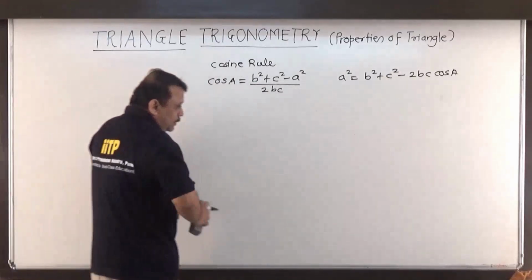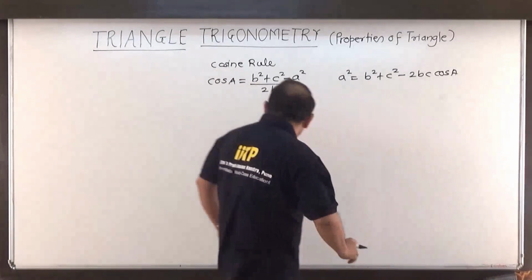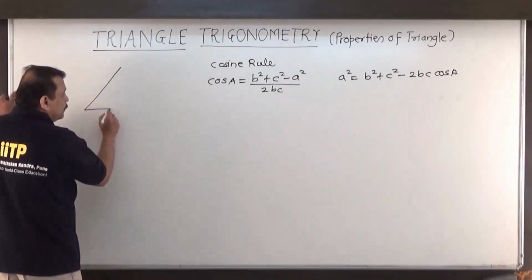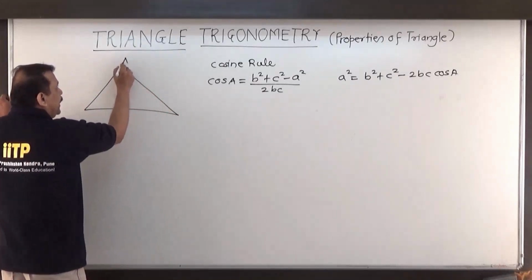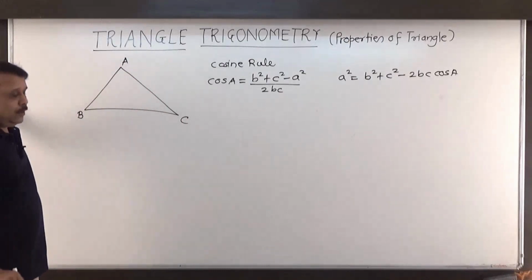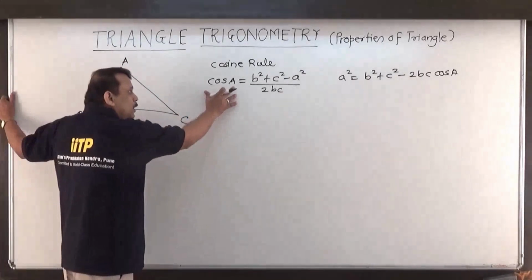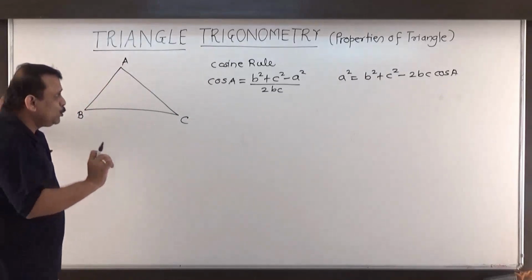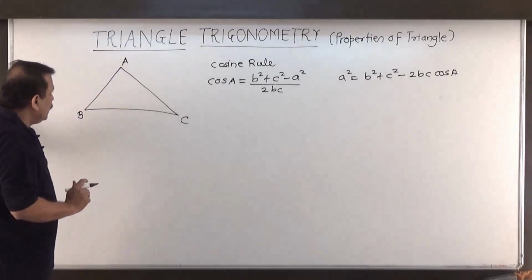Now let us draw the diagram again for the proof of the cosine rule. Suppose this is the triangle ABC. There are various proofs, but I would like to give you a simple one.